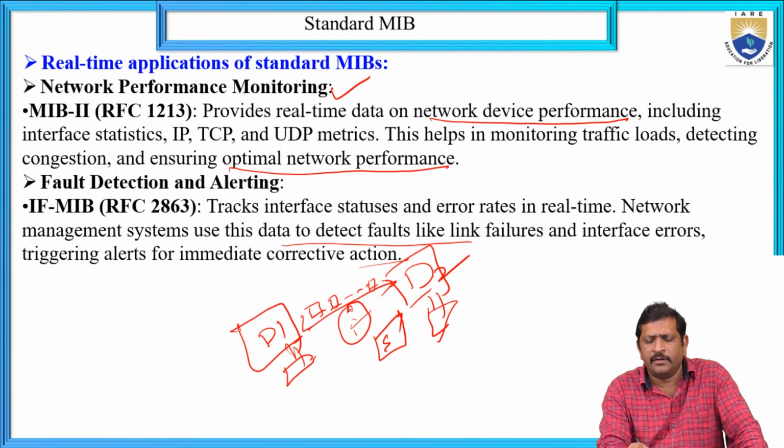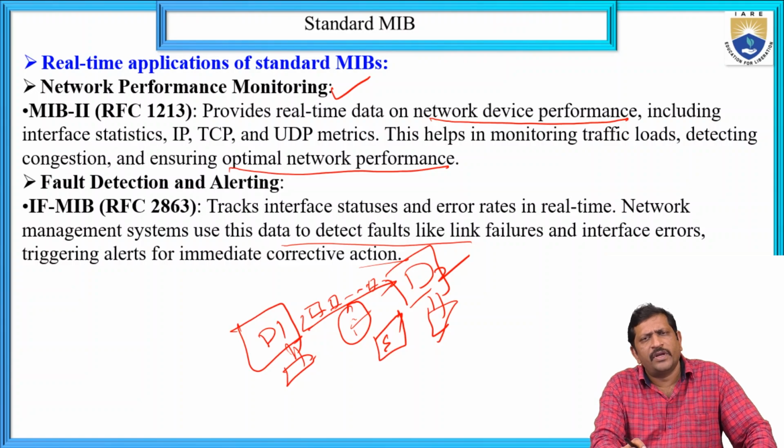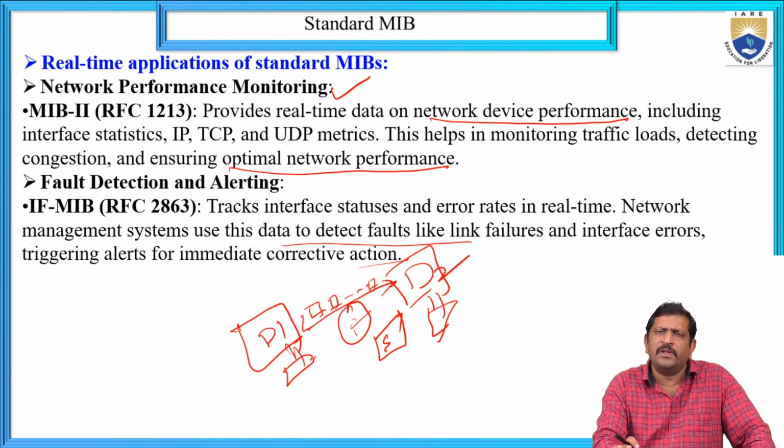Then we can detect that the data transmission is delayed or lost. That means fault detection can be done with the help of SNMP.